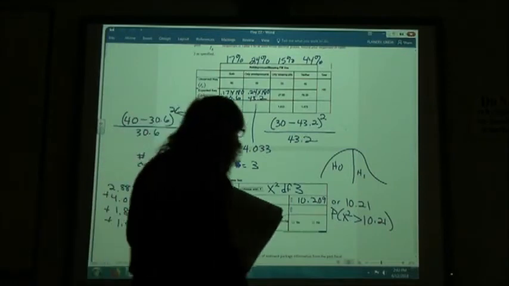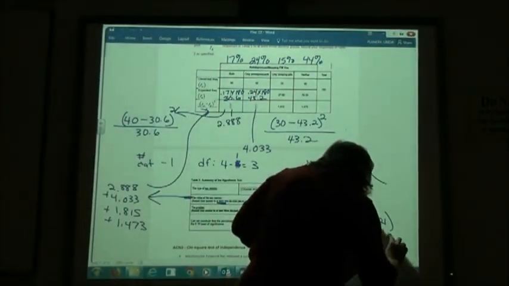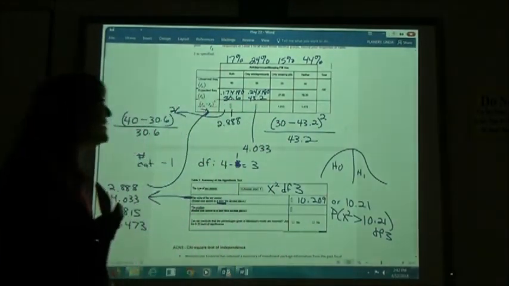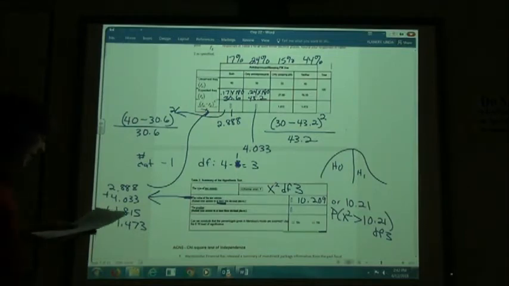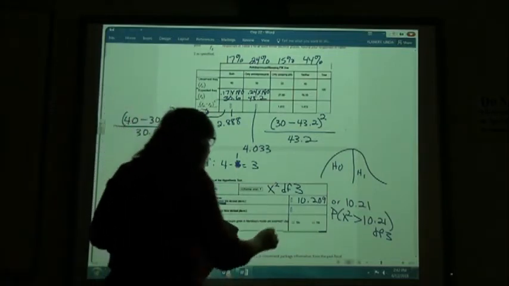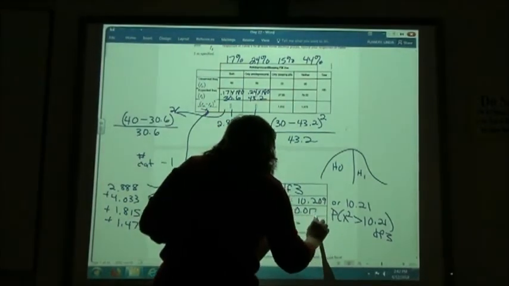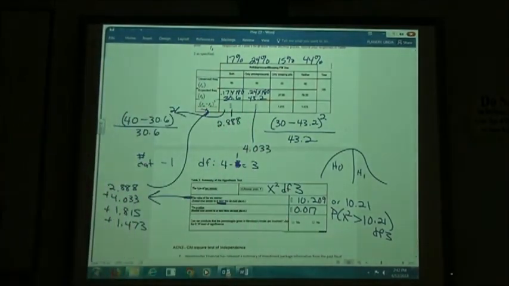Oh, I forgot my degrees of freedom. It'll ask for it when you type that in on the program. I always forget to write that down for you. It asks for the degrees of freedom, which is 3. So my p-value to 3 decimal places is 0.017.